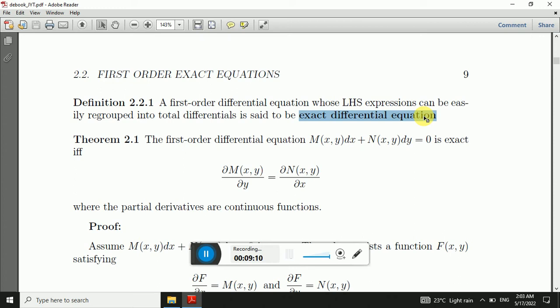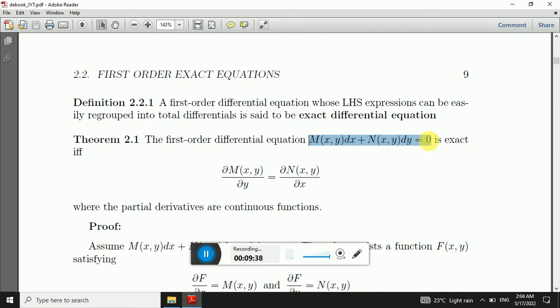Okay, so we have one interesting property here, that the first order differential equation M(x,y) dx plus N(x,y) dy is equal to 0 is exact. So remember, at first we looked at examples where we are dealing with such equations.